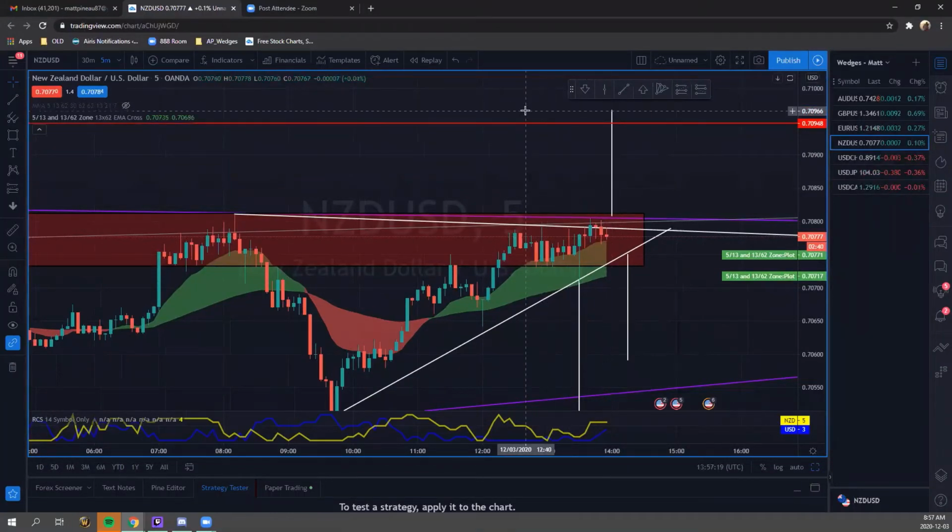You have a higher time frame that says let's go long. You have a lower time frame that says let's go short, and it just keeps on cycling back and forth until one of them runs out of steam. So whatever's going to happen is going to happen soon. We just have to wait and watch it play out.